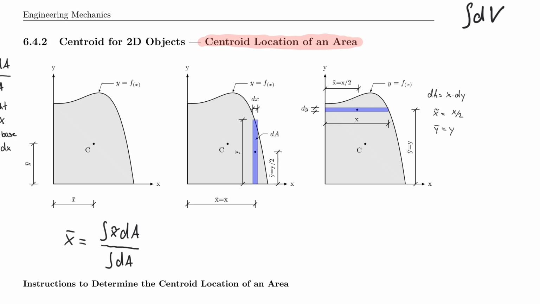And then for y bar, it is sum y tilde dA divided by summation dA. Total area, first area moment about the y-axis actually, and first area moment about the x-axis actually. So let's write that down because you see that in books sometimes.